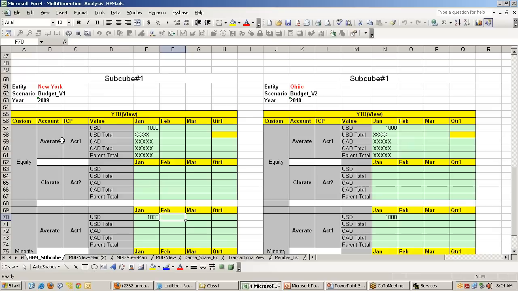So generic consolidation would be 100 plus 200, which is 300. But when we apply the accounting principle and say 30% of my revenue I am going to contribute to my parent, not 100%, because it's not a direct company, it's a subsidiary. So 30% of 200 is 60, and my actual consolidation would be 60 plus 100, 160, rather than 300.